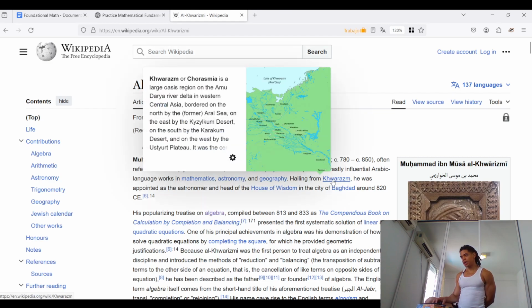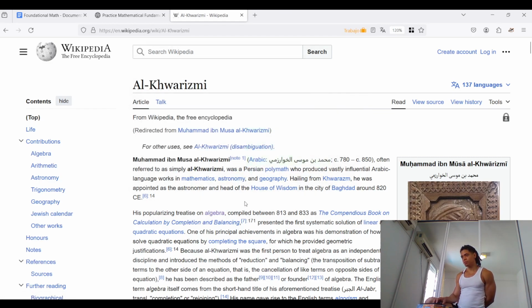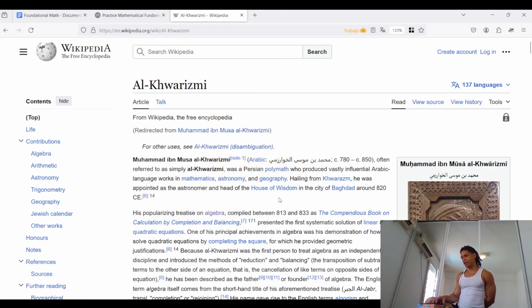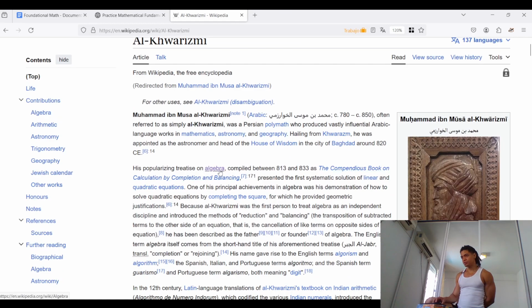Hailing from Khwarazm, he was appointed as the astronomer and head of the House of Wisdom in the city of Baghdad around 820.